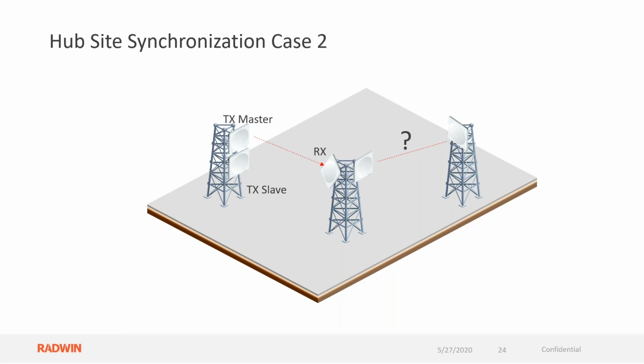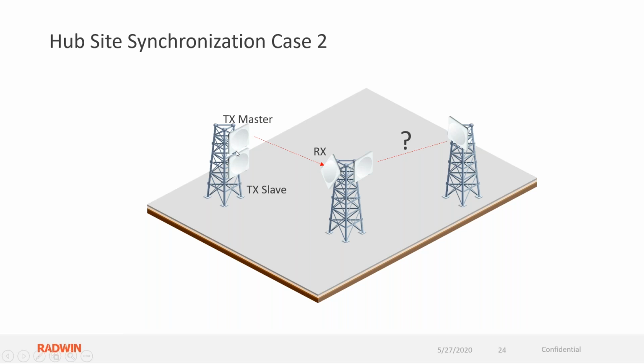When I'm looking at this line, it will give us a little bit of explanation regarding the question. Remember that the idea is that all the ODUs at the same tower need to either transmit or receive, so as not to interfere with each other. This is the rule. Let's say that this unit is transmitting, this is the master, and the master is providing the clock, it is a clock provider.